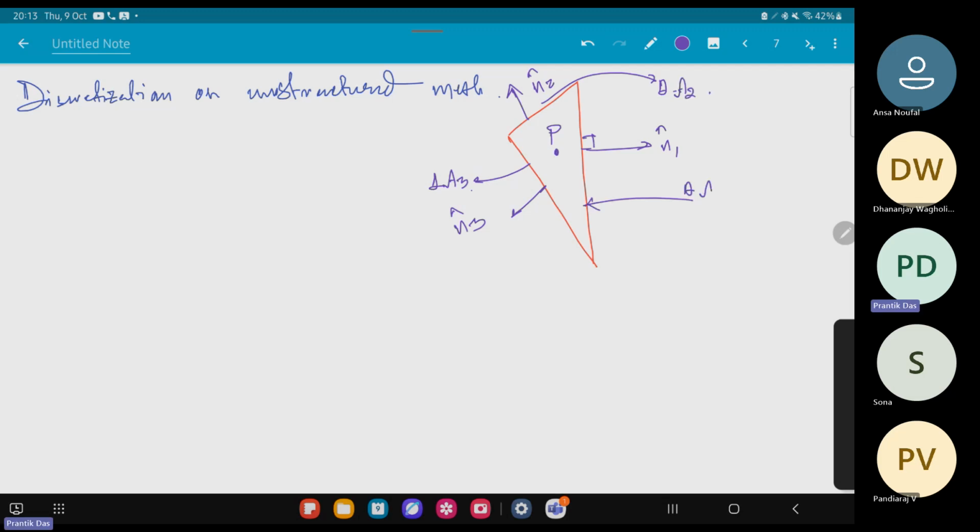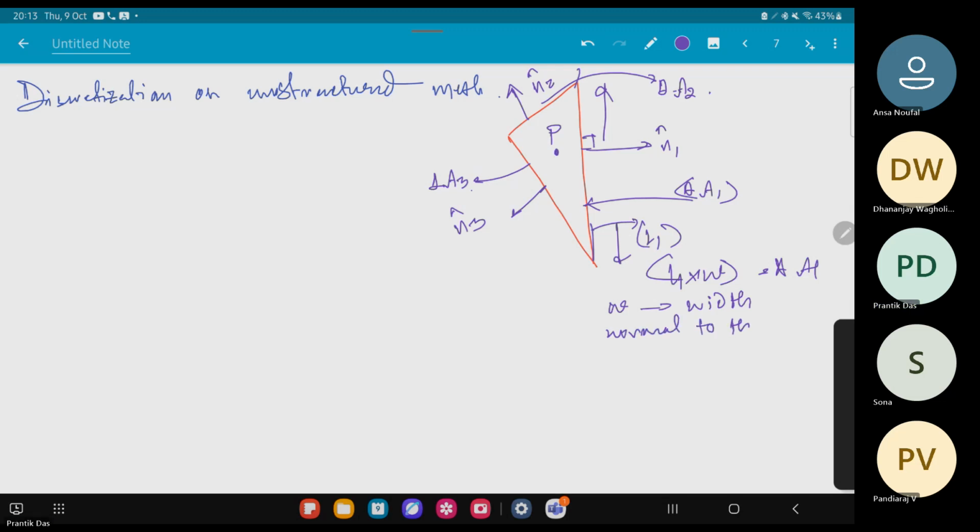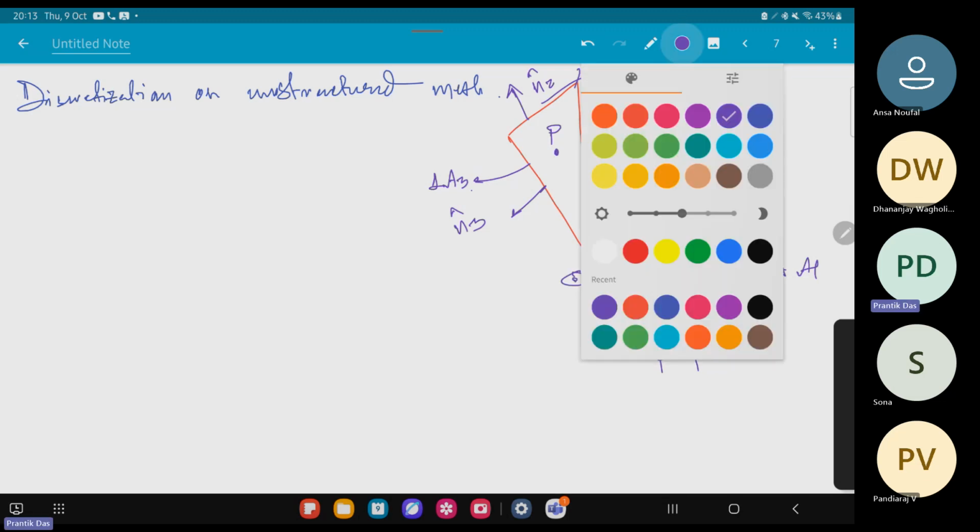As of now, we are dealing with 2D. So this is basically a line of length L1 multiplied by a constant in the Z direction. So L1 multiplied by W will be equal to delta A1, where W is basically your width normal to the paper.